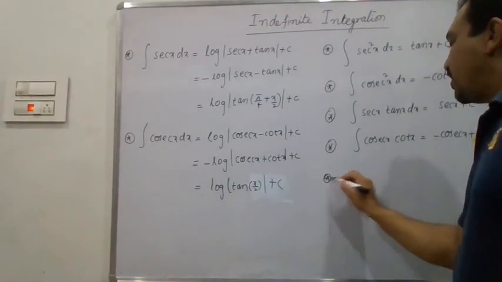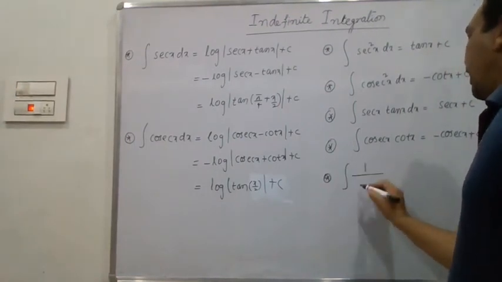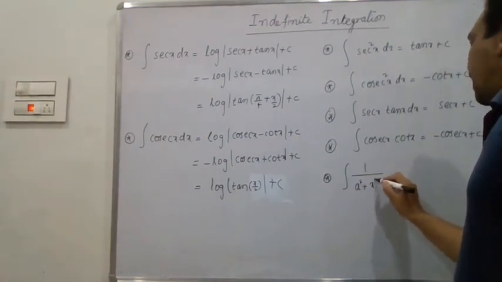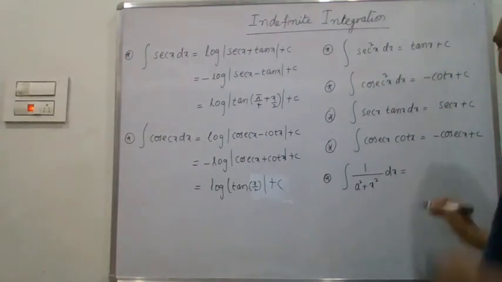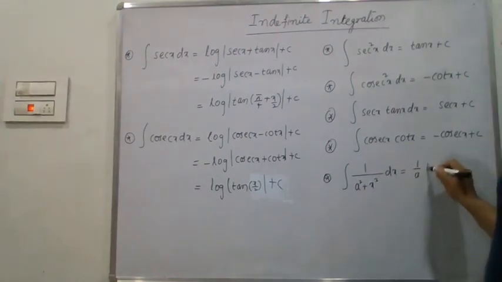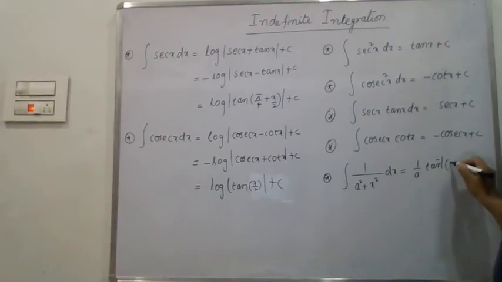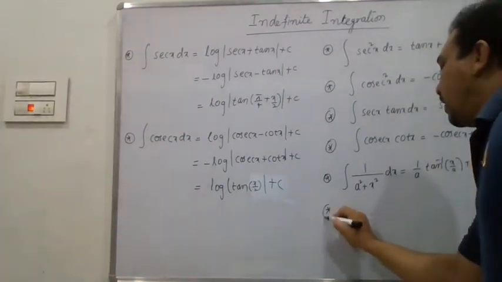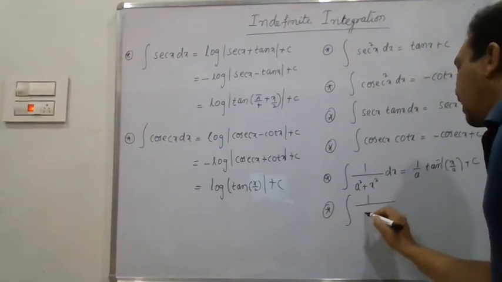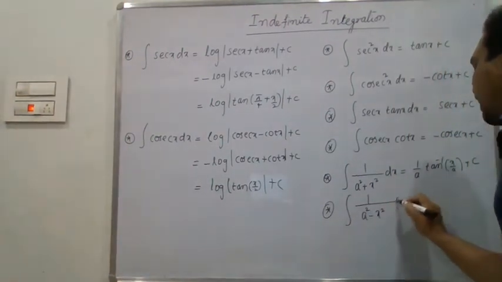Next, integration of 1 by a square plus x square dx is 1 by a into tan inverse of x by a plus c. Integration of 1 by a square minus x square dx.